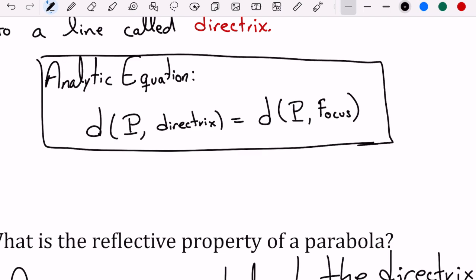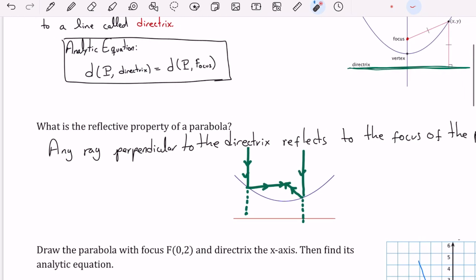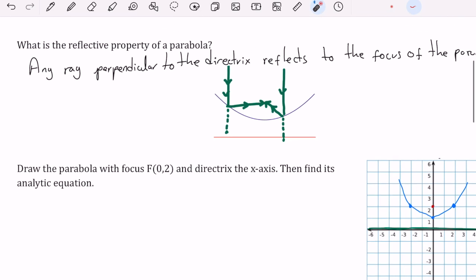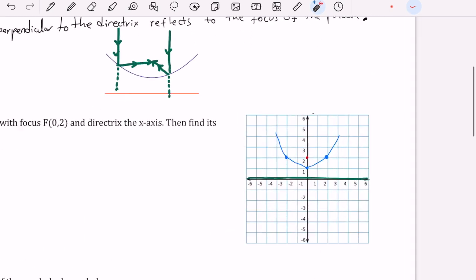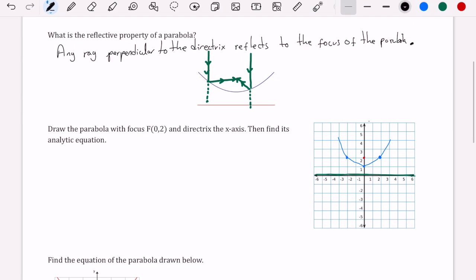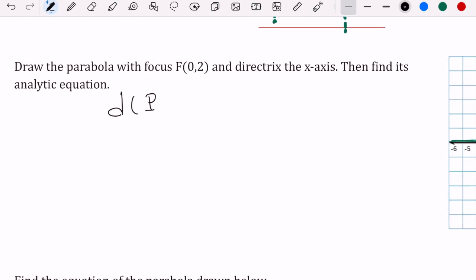Any point in the plane, so I need to write down that expression. The distance from a point to the directrix is the same as the distance from the point to the focus. What is the distance from any point to the directrix, the x-axis?